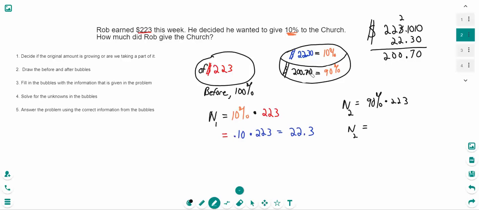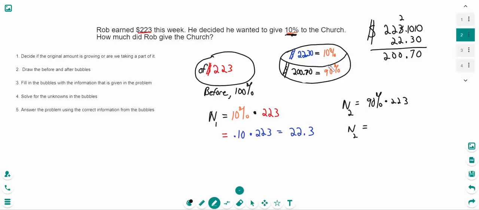Now we can go back to the original question and just try to figure out what part of this diagram they're interested in. So if he earned $223 this week, he decided he wanted to give 10% to the church. How much did Rob give to the church? So we're asking, what is the 10%? That's the one we're interested in. He gave the 10%. How much money was that?